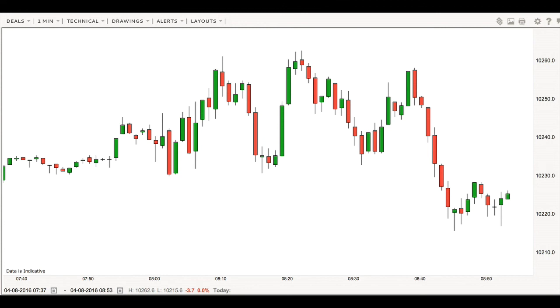In this case, 10 points between the high and the low of this particular small range. Probably not enough pressure to break out. More likely that prices are going to enter back into the trading range at this point in time.